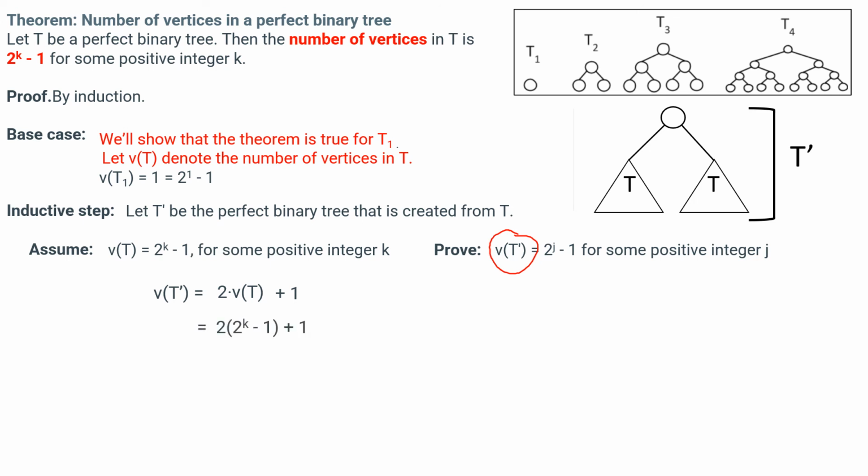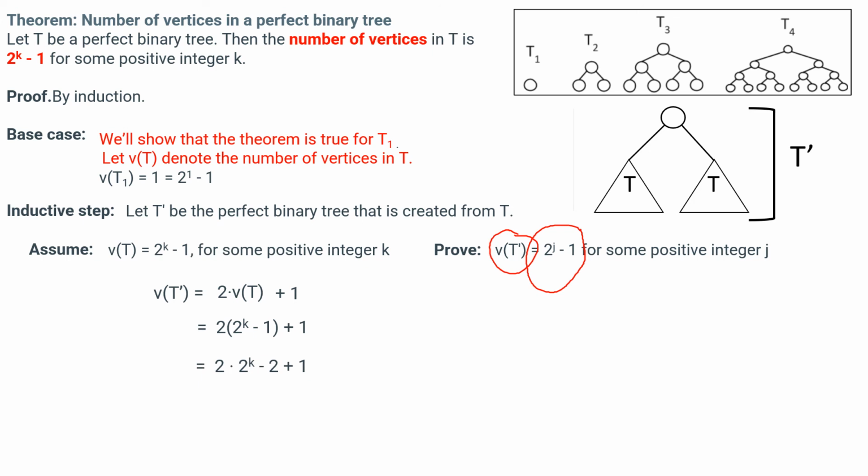Okay, now let's use our assumption. Remember, our assumption is that the number of vertices in T can be written as 2 to the K minus 1, where K is some positive integer. So I'll replace the V of T with 2 to the K minus 1, assuming K is some positive integer. Now we just have to try to see if we can get to this right here. So let's just do a little bit of algebra here.